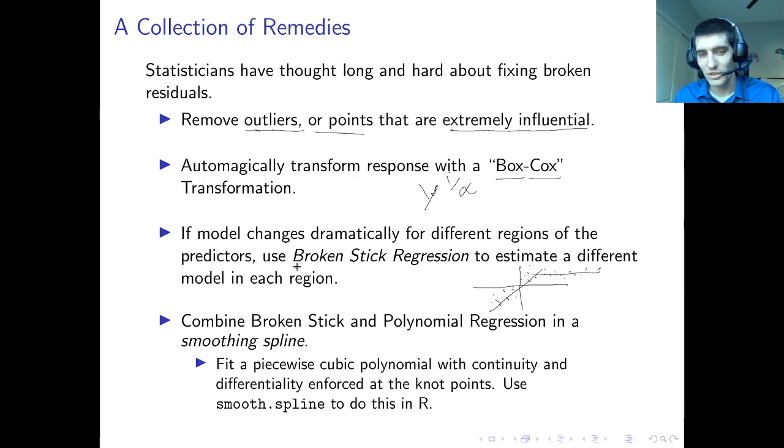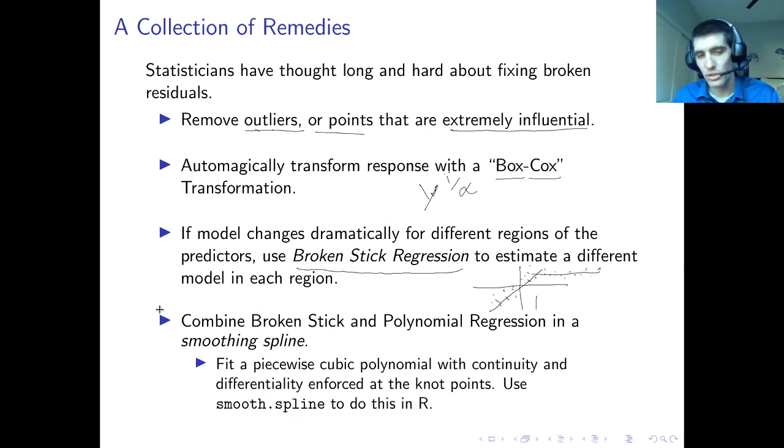So you can fit what's called a broken stick regression, which is basically where you break up X and fit one model for some X region and another model for some other X region. Why is it called broken stick regression? Gotta love this name. Instead of being a solid stick where the line would just progress on, because you have these two linear models, it looks like a broken stick. Almost as good as the hat matrix, but not quite as good.